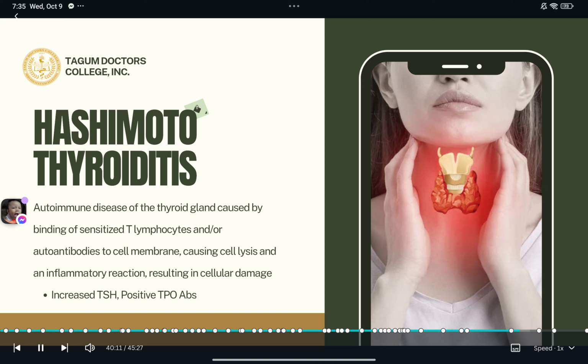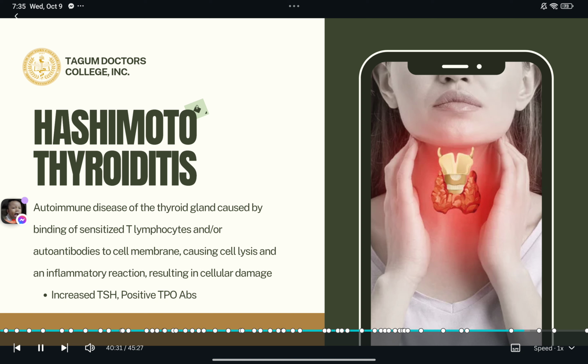Okay. So, it is autoantibody gihapon siya since autoimmune disease siya, so it is still causing damage to our own na cells. Okay, nag-inflammatory reaction siya.